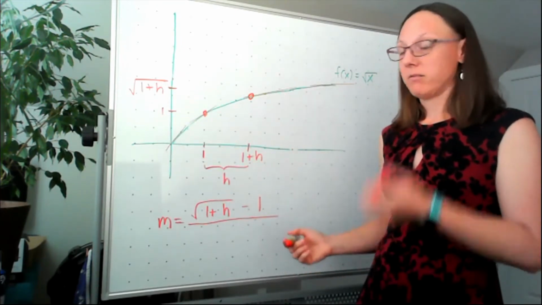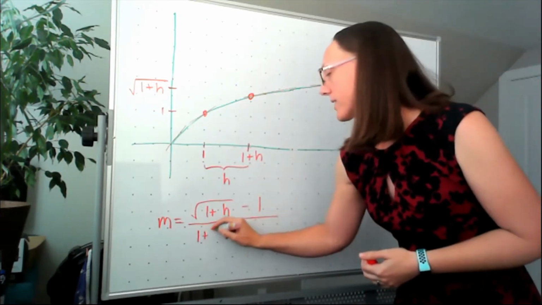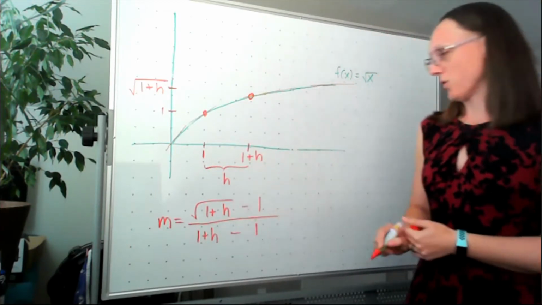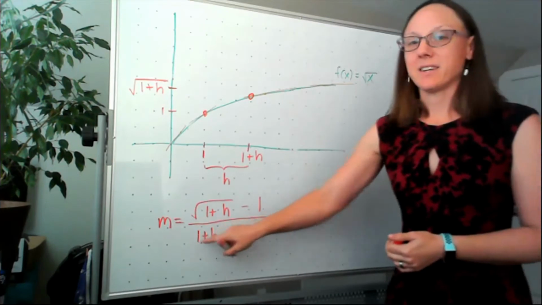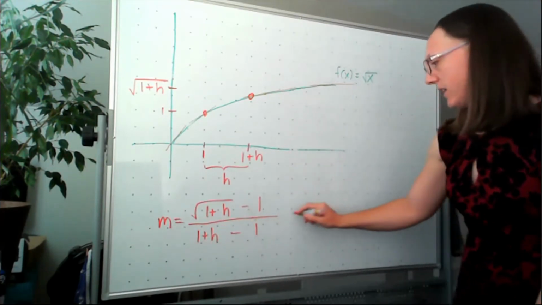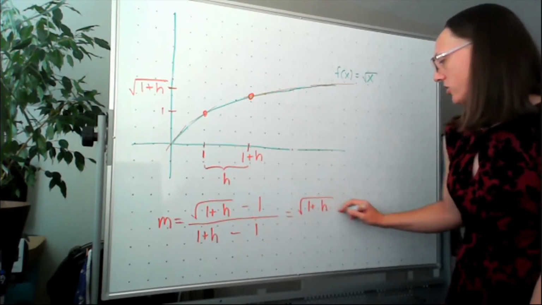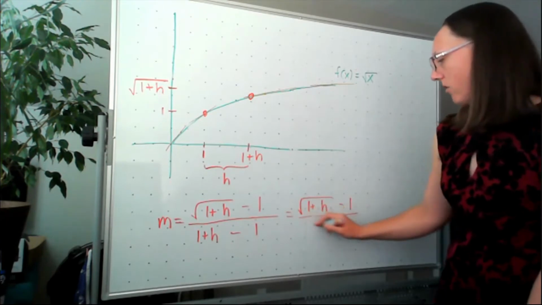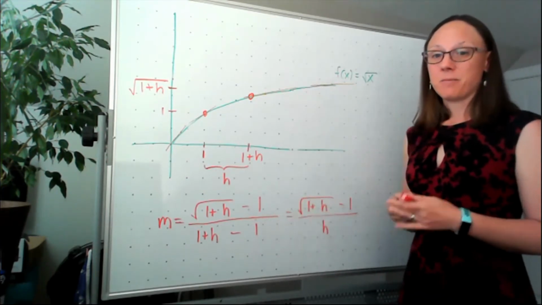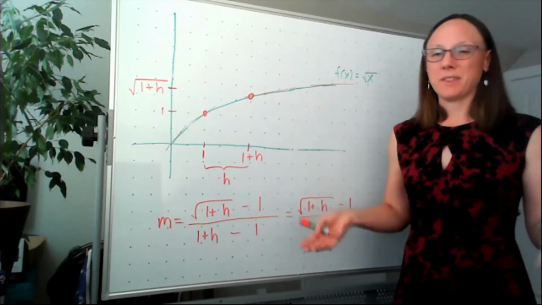My denominator, I'm going to have my x2, 1 plus h, minus my x1, which was 1. Well, in my denominator, this 1 and that negative 1, they're going to cancel out. And I am left with the square root of 1 plus h minus 1 all over h. This is generically my slope of the tangent line, but that doesn't really help us.